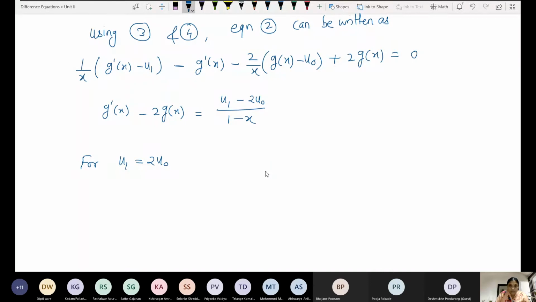This difference I will give number 5. Equation 5, what does it become? g dash of x minus 2 times g of x is equal to 0.